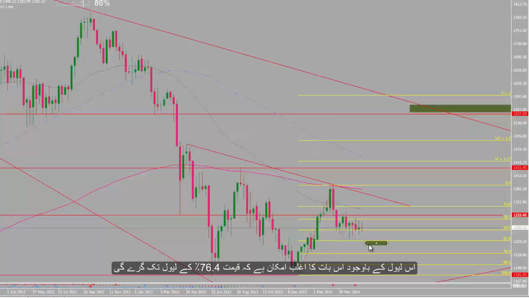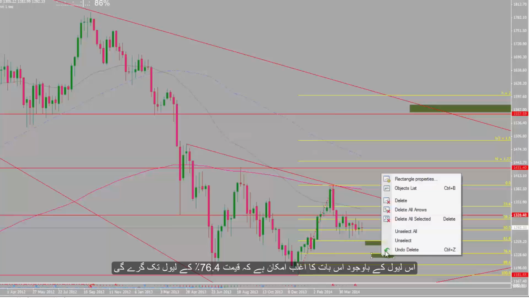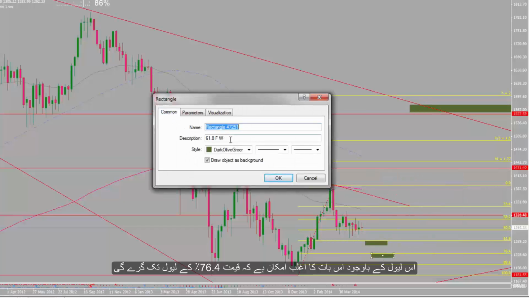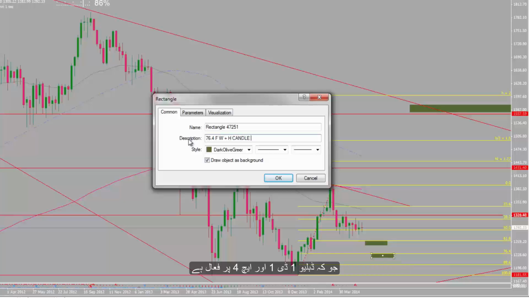Despite this level, it is more probable that the price would fall to level 76.4%. A box under this level with the description 76.4 FM plus H candle W, active on W1, D1 and H4.